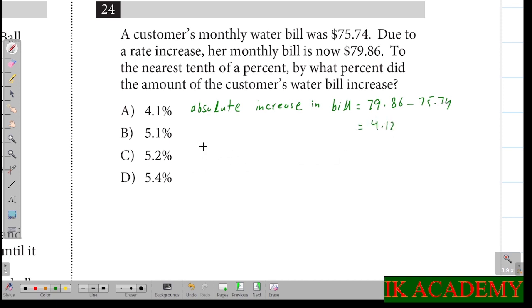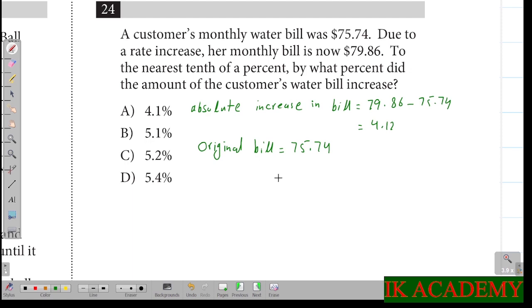The original bill is equal to $75.74. So we are going to divide the absolute increase in bill by the original bill multiplied by 100.